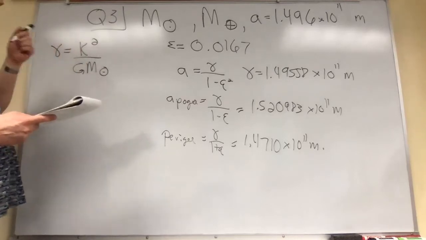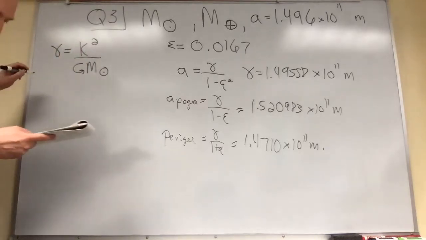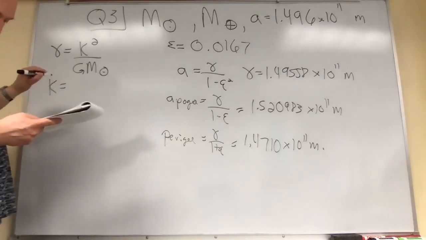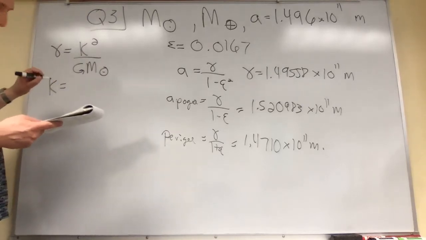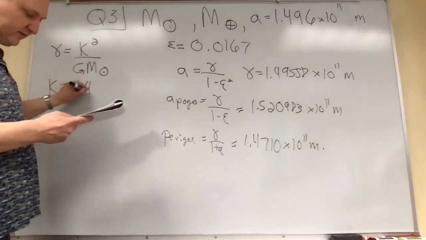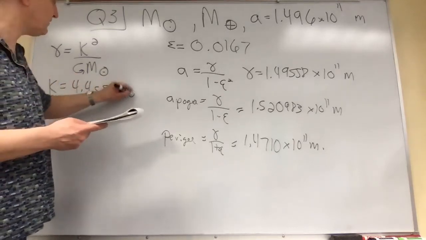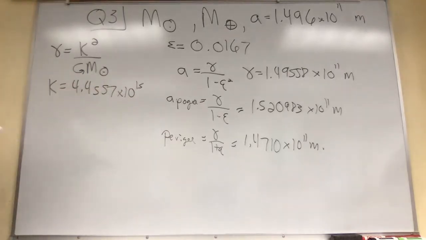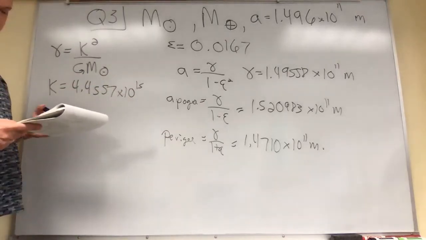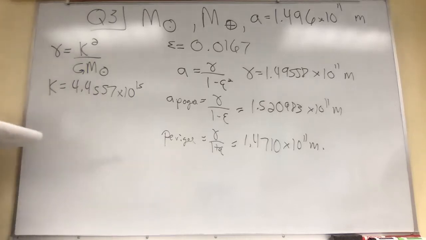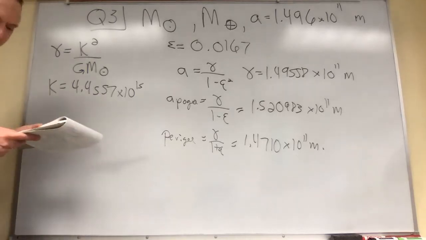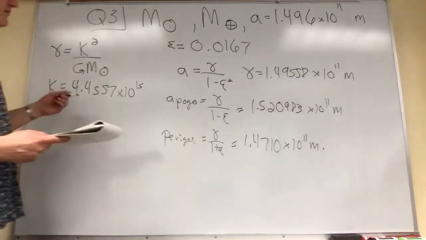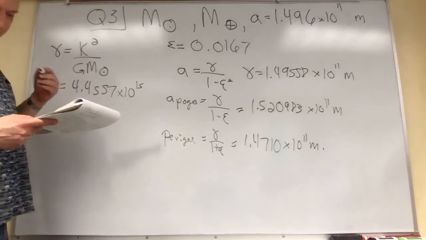And so from this, we can find K. K is 4.4557 times 10 to the 15th. I don't happen to have units on this at the moment, but I'm mostly okay with that, given that I'm going to use K to get something else pretty soon.